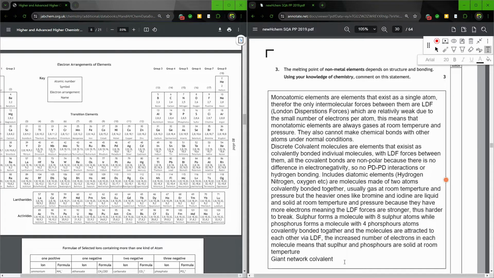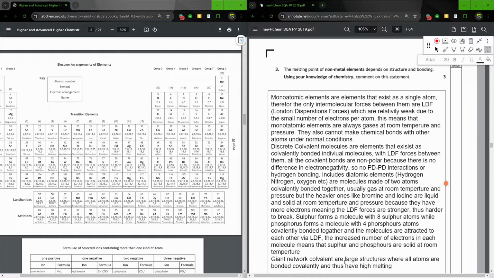Sorry. So giant network covalents are large structures where all atoms are bonded covalently to each other, and thus have high melting points.